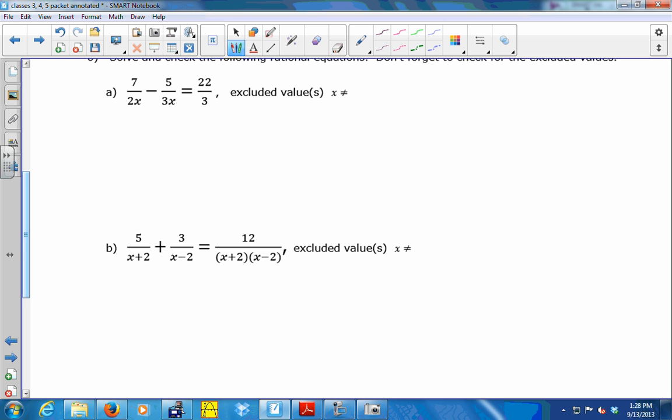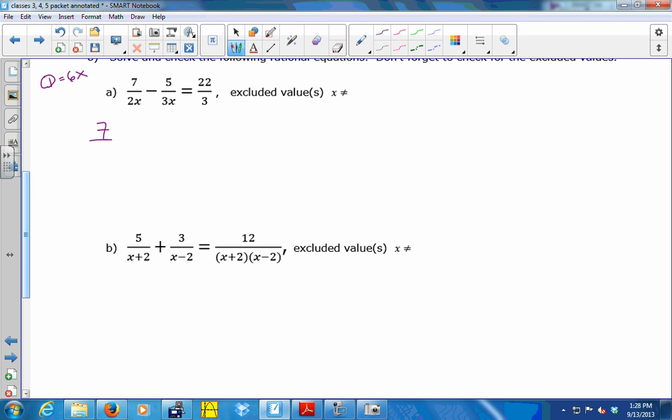So they all need to have a 2, a 3, and an x. If my common denominator is 6x, I'm going to multiply both sides of the equation by 6x.